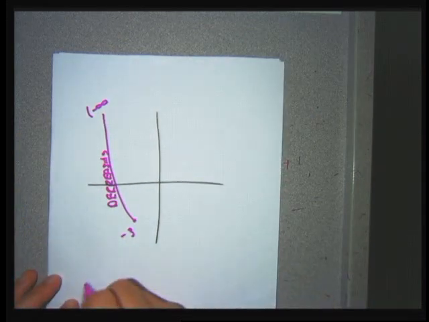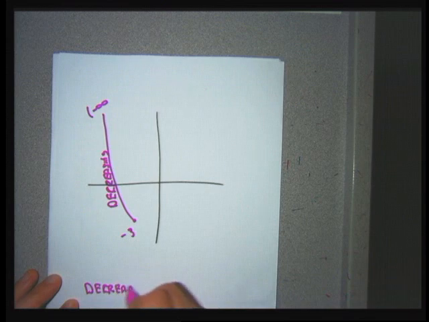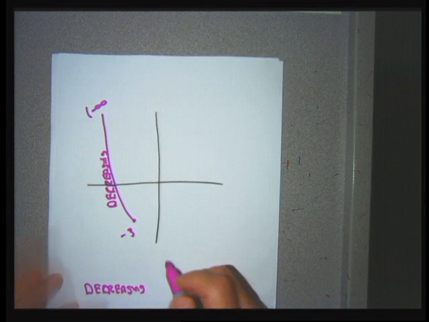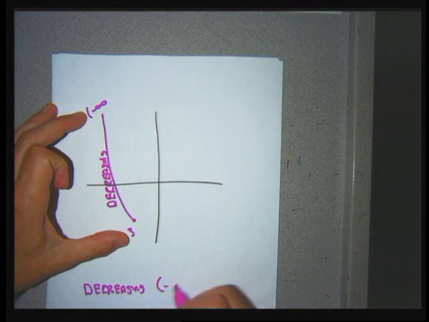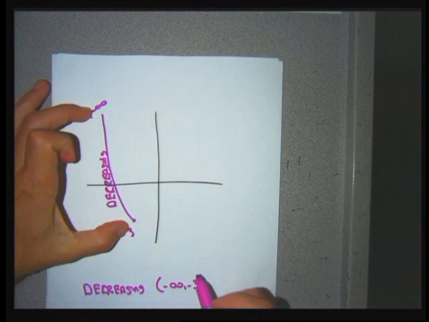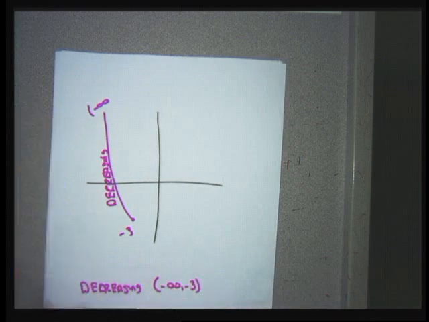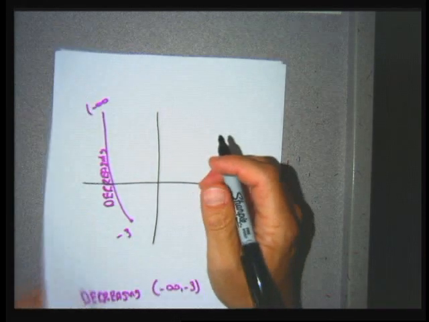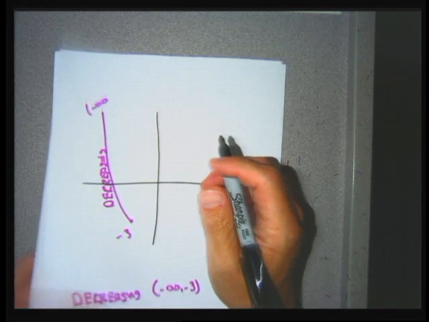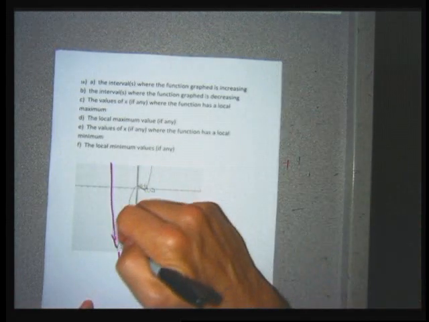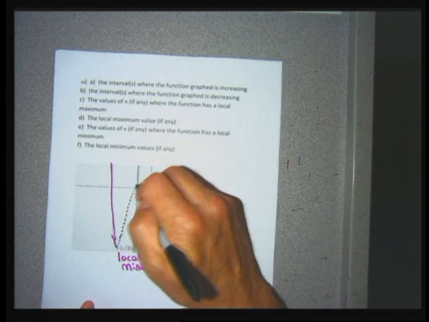So when I go to answer the increasing and decreasing sections, I read the graph from left to right. The first interval I'm going to put is the interval from negative infinity to negative 3, between the edge of the graph and the local minimum. The graph is decreasing. Then the graph is going to turn around. And it turns around to this high spot right here. The graph actually does this.